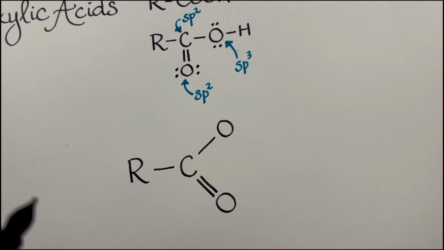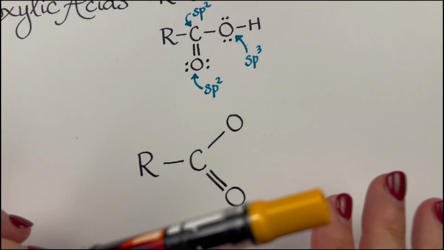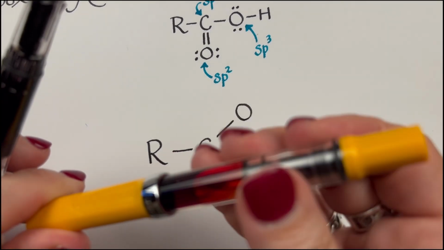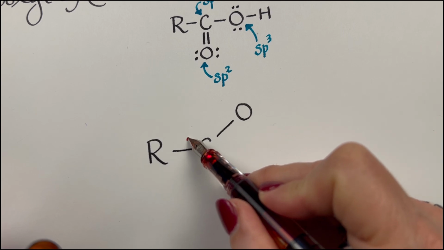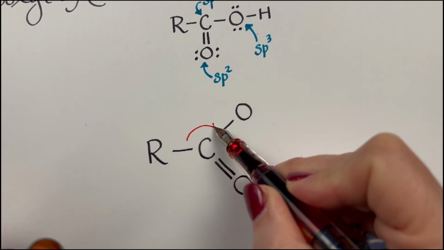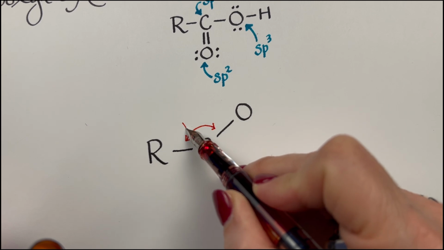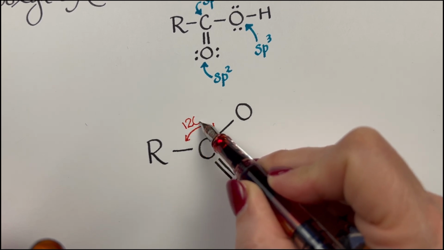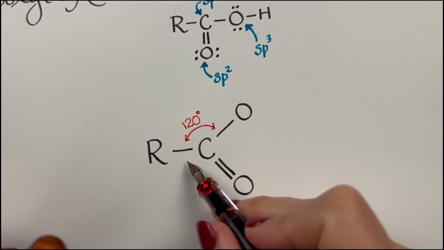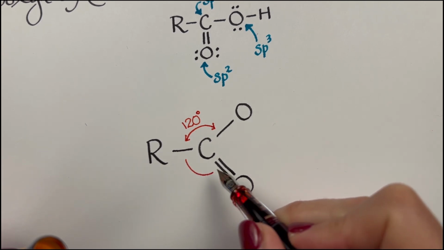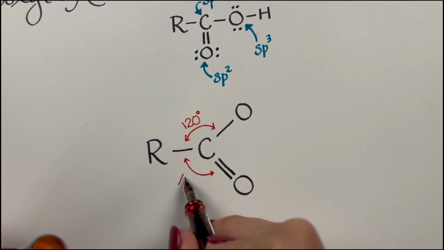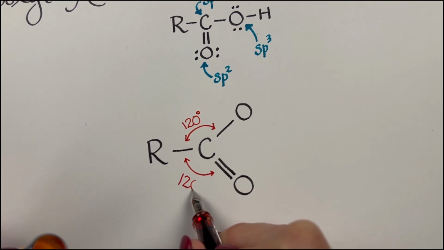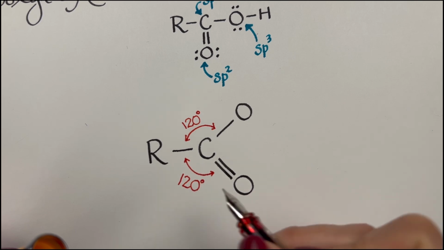So what we have here, maybe I'll get my red ink pen. We have 120 degrees all the way around. Now, admittedly, I did not draw these perfectly, but I did okay.